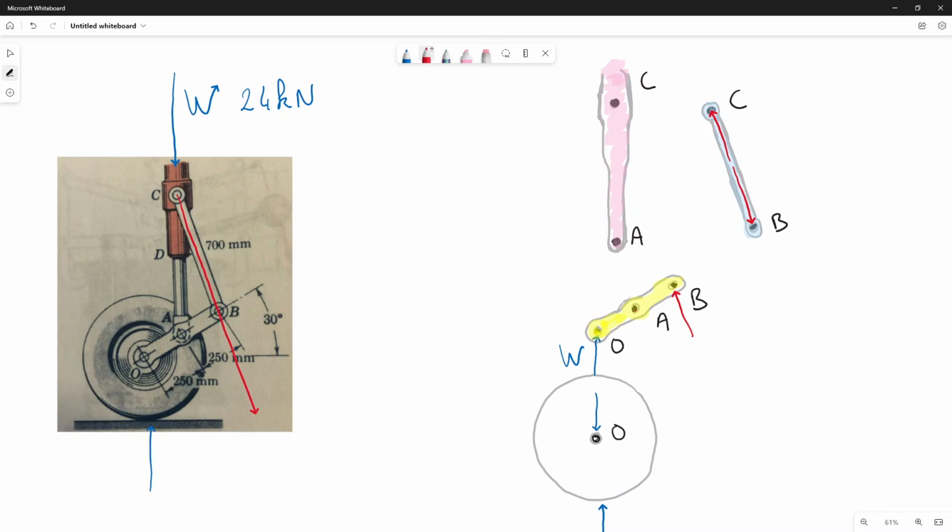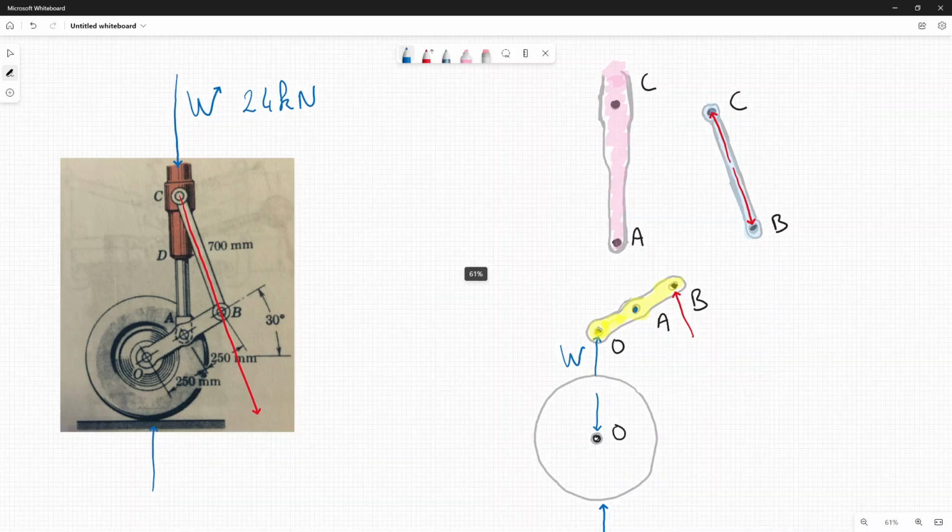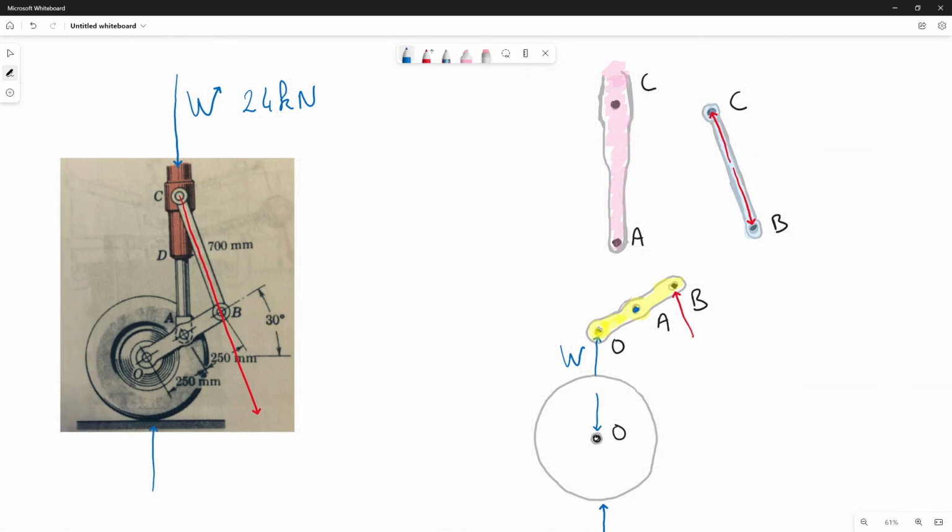So when we do the moment about A, we will have W times, with this angle of 30, we can find the value of W perpendicular to OA. But this force at B is not perpendicular to this one. Let me draw it a little bit more.